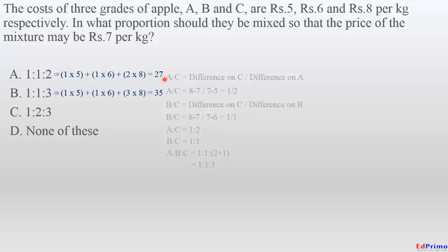So 5 kgs of this mixture at a cost of rupees 35 will translate to rupees 7 per kg of the mixture, and therefore this proportion will lead to the desired result, that is rupees 7 per kg for the mixture, and therefore option B is the correct answer. Now whichever way we solve it, we will get the same answer as long as the logic is followed.